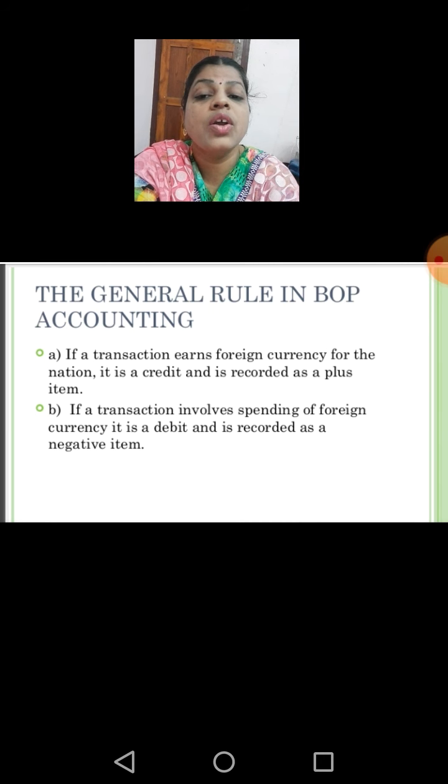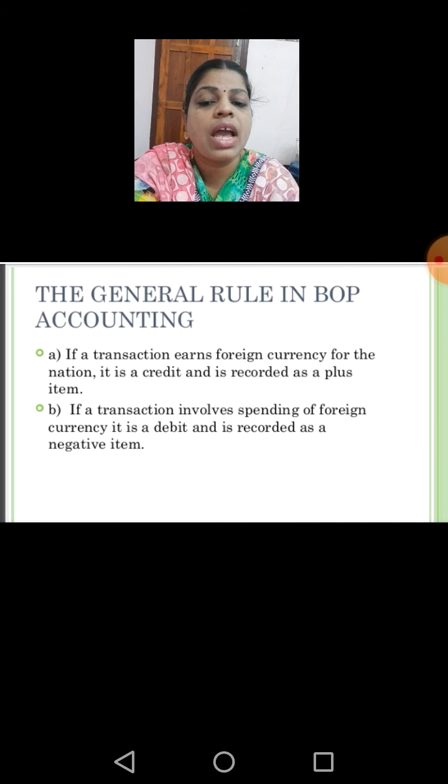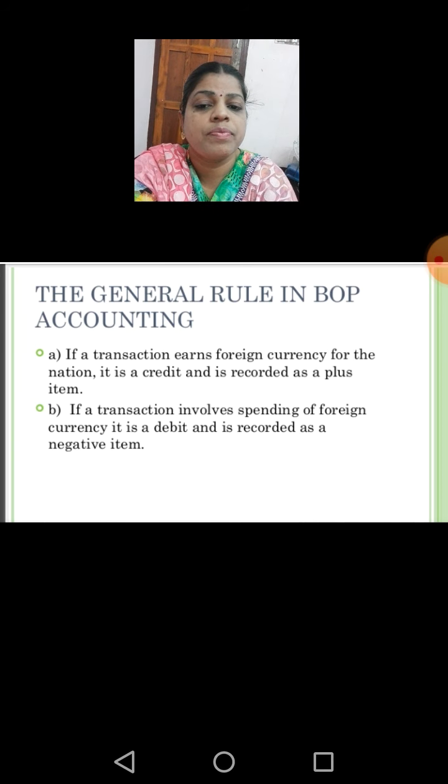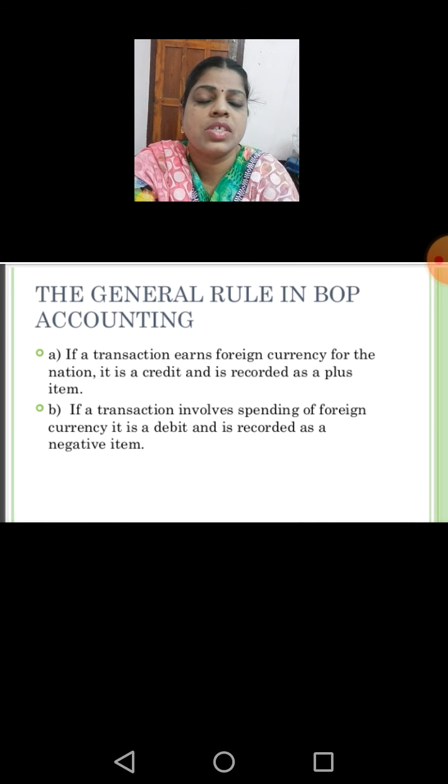And in contrast, what is debit? If a transaction involves spending of foreign currency, it is a debit and it is recorded as a negative item. That means we have to rely on goods and services from the other countries.